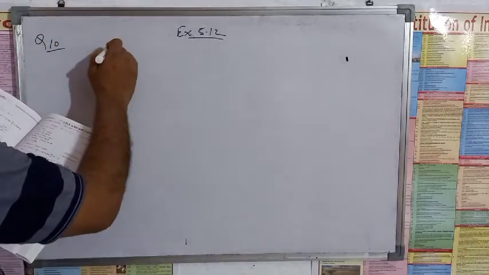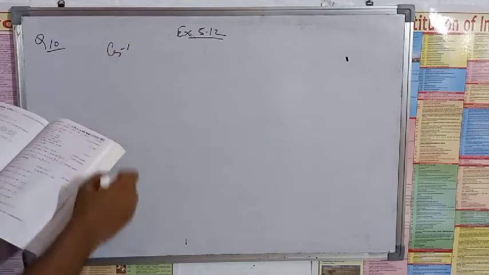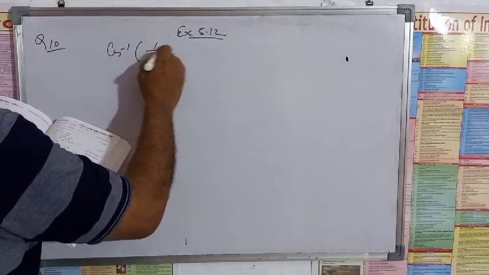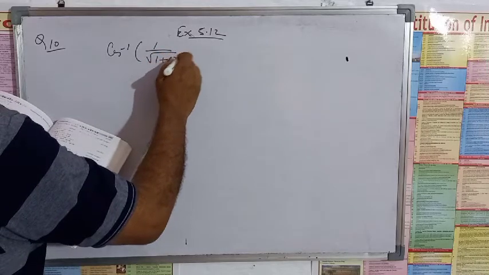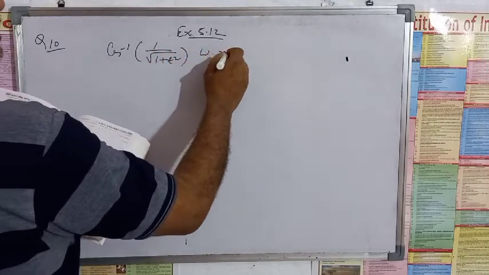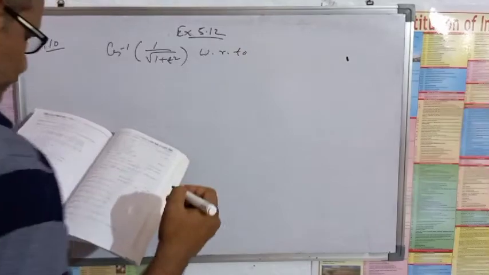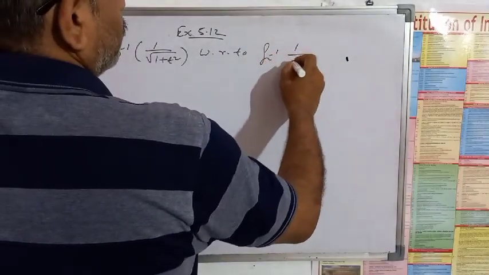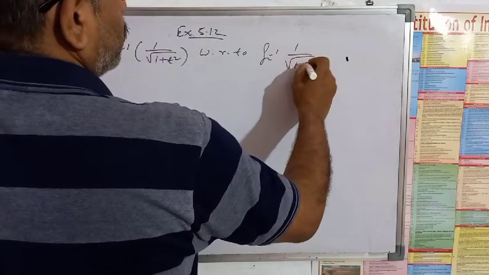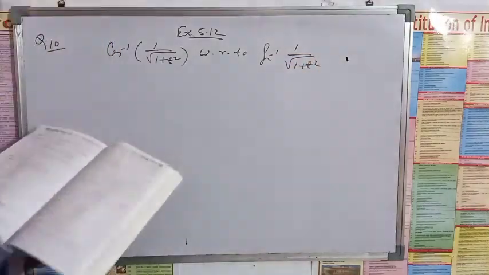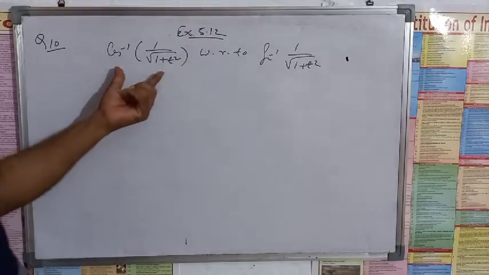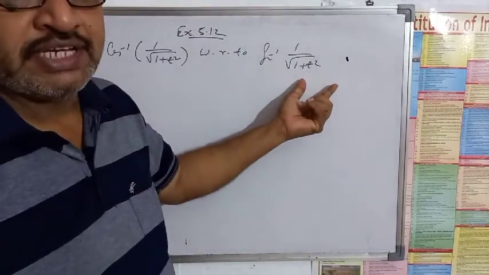We have to differentiate cos inverse 1 upon root 1 plus t square with respect to sine inverse 1 upon root 1 plus t square. We have to differentiate the first function with respect to the second.